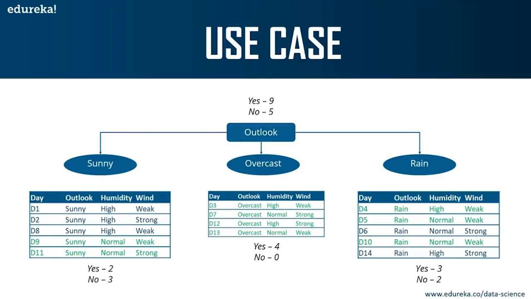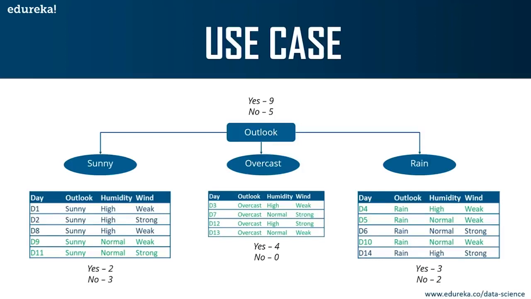So let me explain this in a more in-depth manner. What you're doing here is you're making the decision tree by choosing the outlook variable at the root node. The root node is basically the topmost node in a decision tree. Now the outlook node has 3 branches coming out from it, which is sunny, overcast and rain. So basically outlook can have 3 values. Either it can be sunny, it can be overcast or it can be rainy.